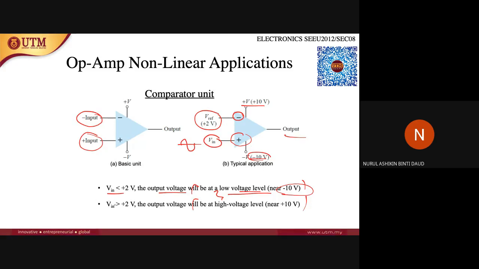Let's say in this case the input signal is at the non-inverting input. If V in is lesser than positive 2 volts, which is the reference voltage, the output voltage will be at a low voltage level, near to minus 10 volts, which is the minimum value. It will become saturation at minus 10. It will not be exactly minus 10, but we say it is near to minus 10.